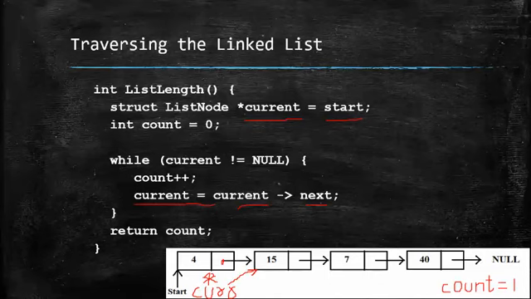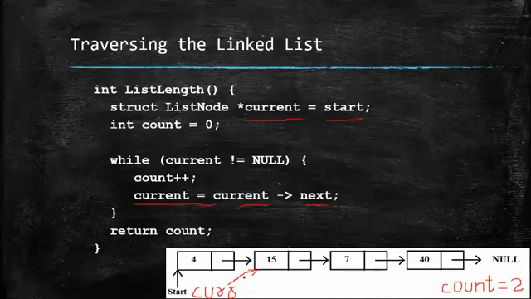After that it goes back to the loop condition checking and checks whether current is now pointing to null. Current is not pointing to null, so it goes inside the loop again, count gets incremented, and count becomes 2. Now again we are saying current should start pointing to next of current.